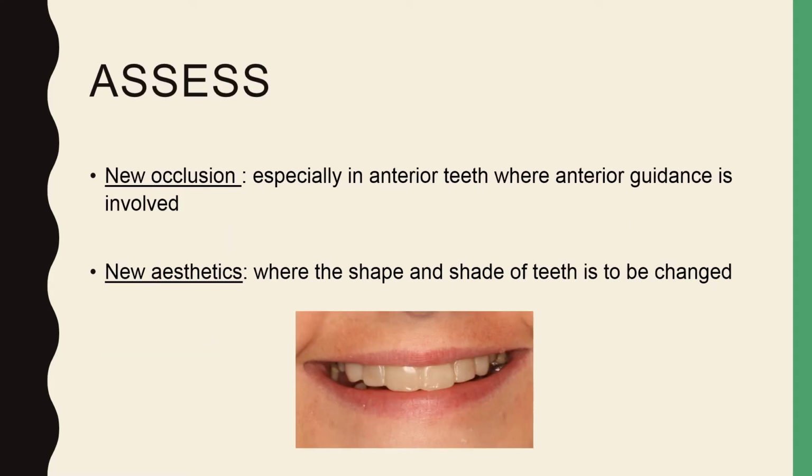Provisional restorations are also used in the assessment of new occlusion, especially in anterior teeth where anterior guidance is involved, since changing it without a trial period could result in restoration chipping or TMD symptoms. It also helps us in assessment of new aesthetics with multiple crowns where the shape and shade of teeth is to be changed.